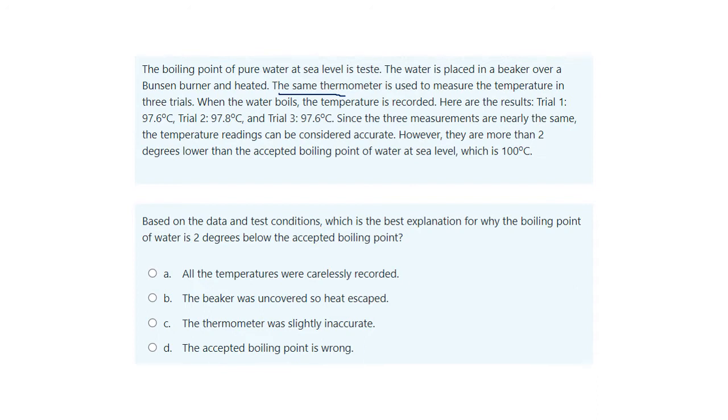In trial 1, the water boils at 97.6 degrees. In number 2, it's 97.8 degrees, and in number 3, it's 97.6 degrees. Since the 3 measurements are nearly the same, well, 0.6 and 0.6 is the same, this one is only slightly higher, the temperature readings can be considered to be accurate.